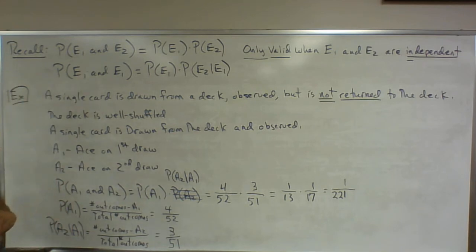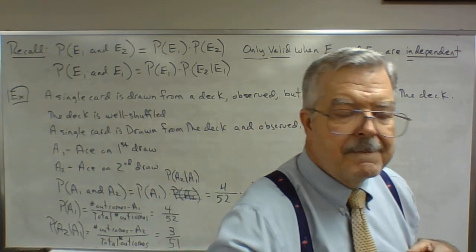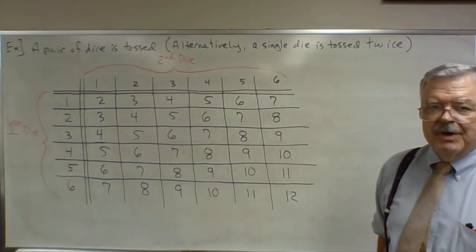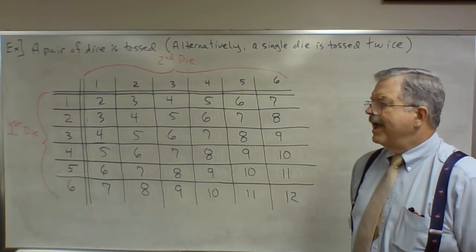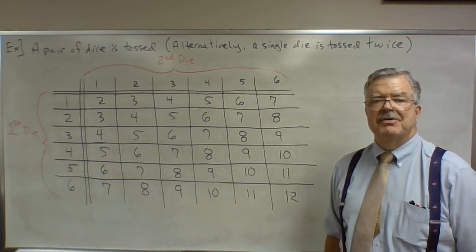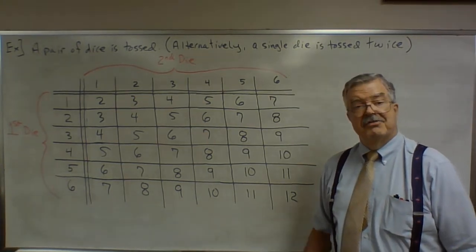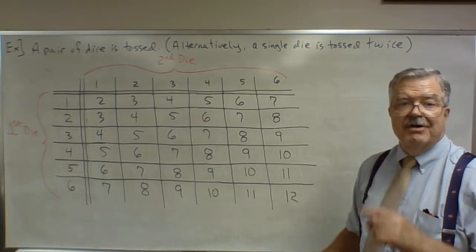Conditional probabilities, we're going to do more exercises that look like this. We're going to do some dice problems having to do with the sum of the numbers on the two dice, the sum of the numbers on the two dice given that the total is a certain number.